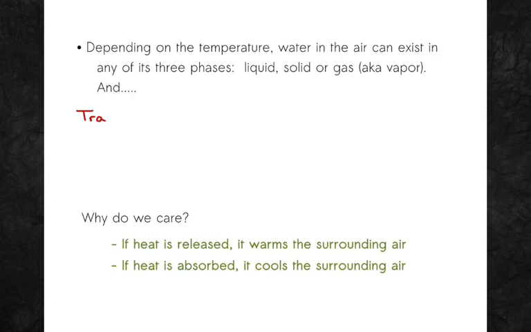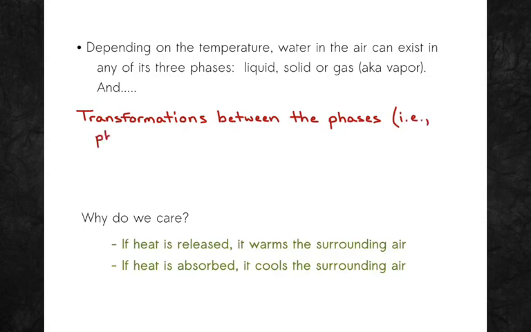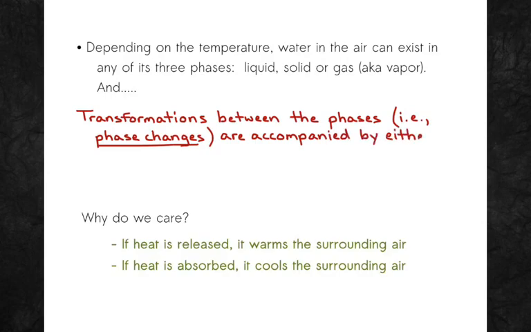So of course, this has a name also. Transformations between the phases of water are referred to as phase changes. Anytime we have a phase change, this is accompanied by either the release or absorption of heat from the environment.